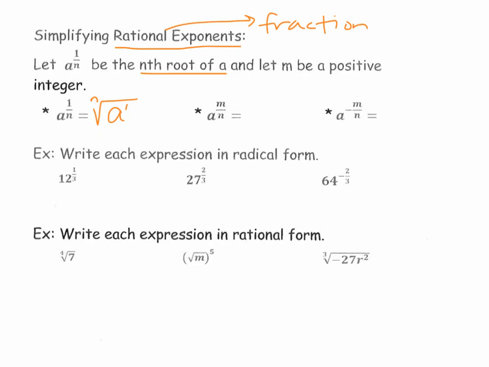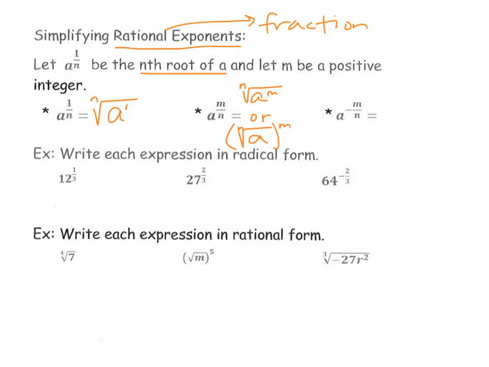Now if the number in the numerator is different than 1, like the next example, a to the m over n, we can actually write this in one of two ways. We could write this as the nth root of a to the m power, but another way that's useful when we're trying to simplify terms that have the m and the n as different numbers is to take the nth root of a first and then raise your answer to the m power.